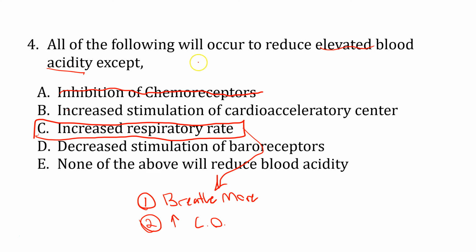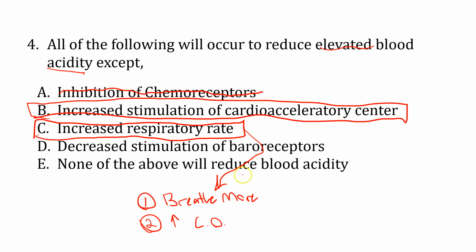That means there's a decrease in the pH. Increased stimulation of the cardioacceleratory center, we would also think would be the case, because we want to increase cardiac output. And one of the ways to do that is to increase heart rate.